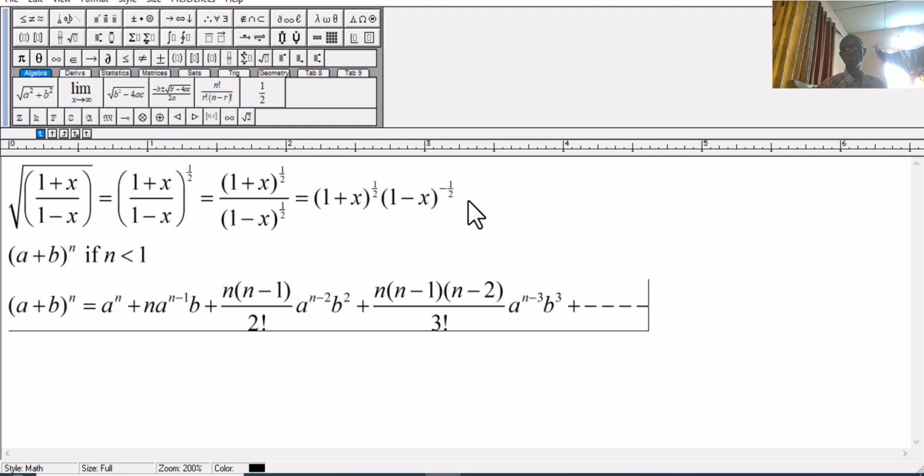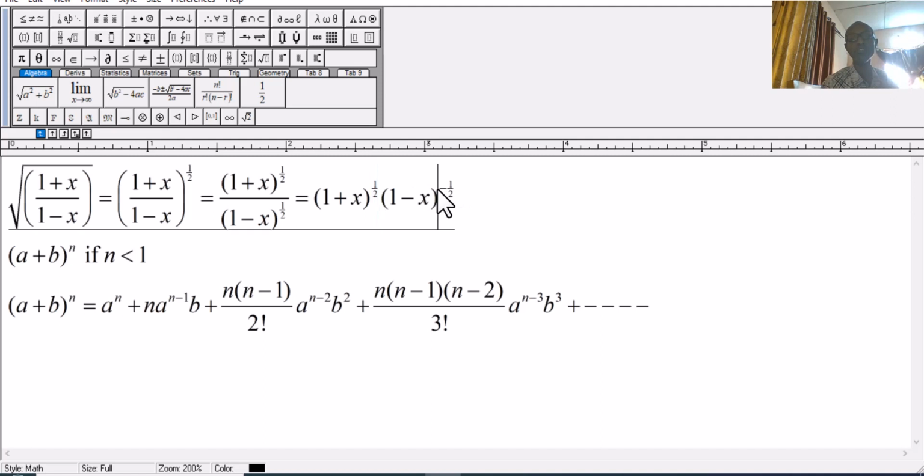So it continues like that. You have the next term if your n is less than 1. Now what we have here, half is less than 1, minus half is also less than 1.